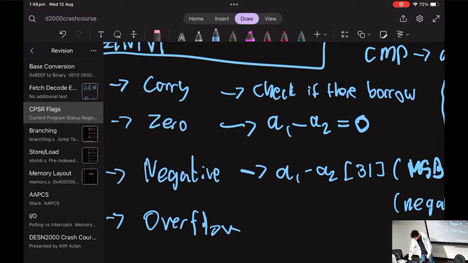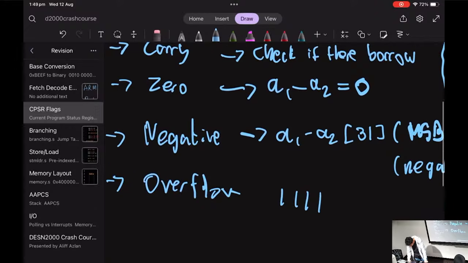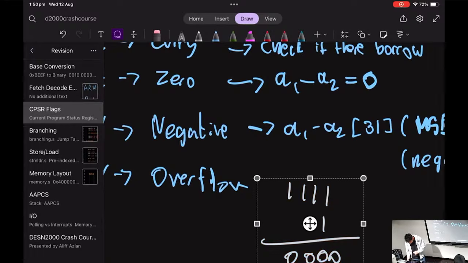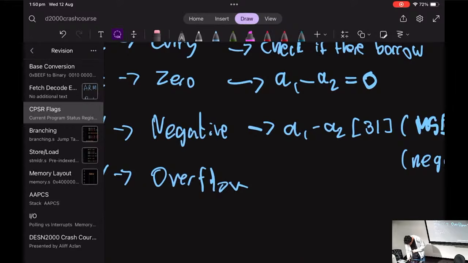Something like 1, 1, 1, and when you plus 1, you obviously get all zeros. That's what most people think it is, which is technically overflow, but that is not how the overflow flag is actually calculated.